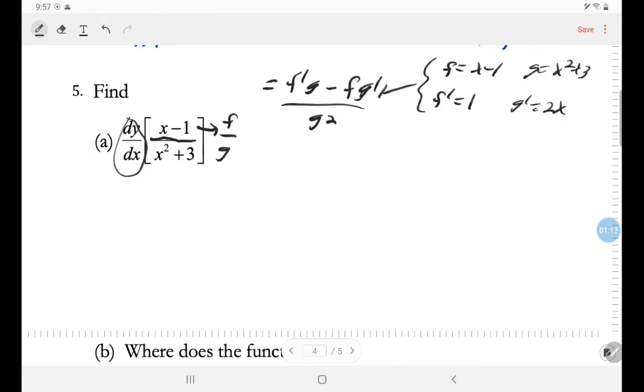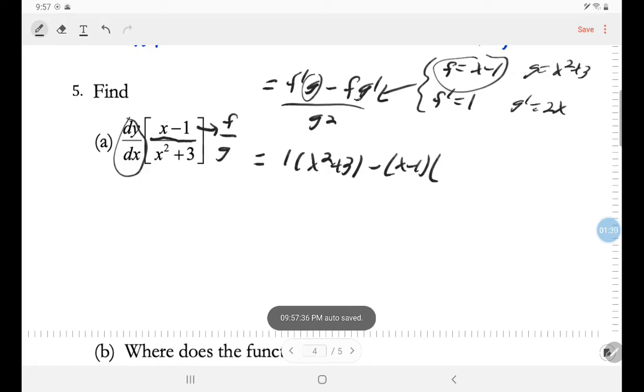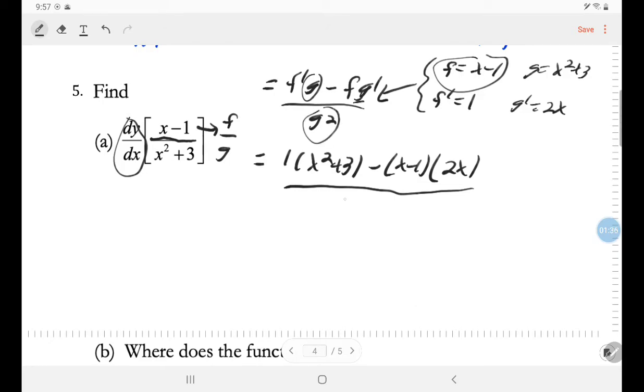These get plugged into my quotient rule formula. So f prime is 1 times my g, which is x squared plus 3, minus my f, x minus 1 quantity, times my g prime, which is 2x, all over g squared, which is x squared plus 3 squared.